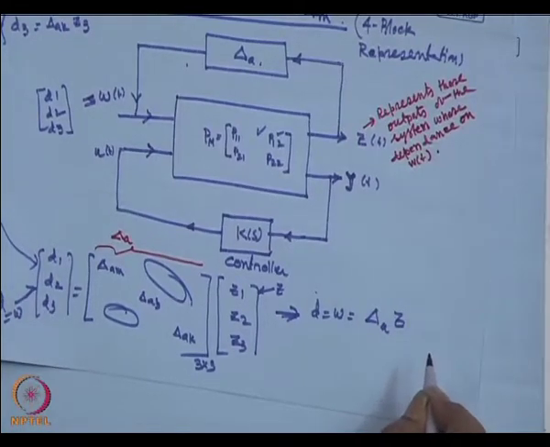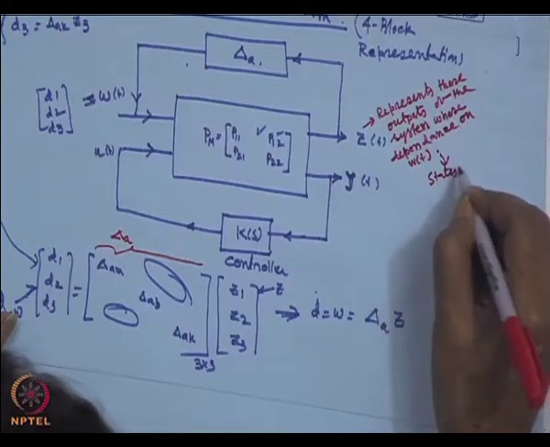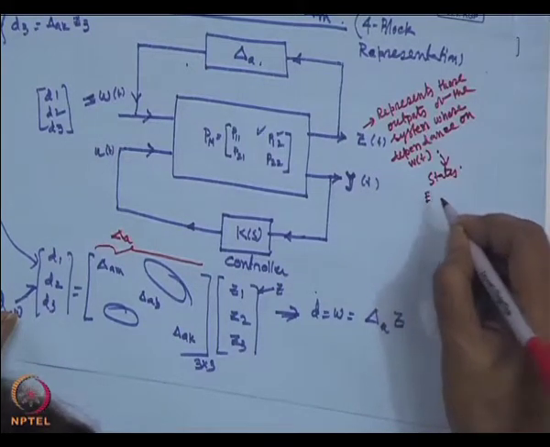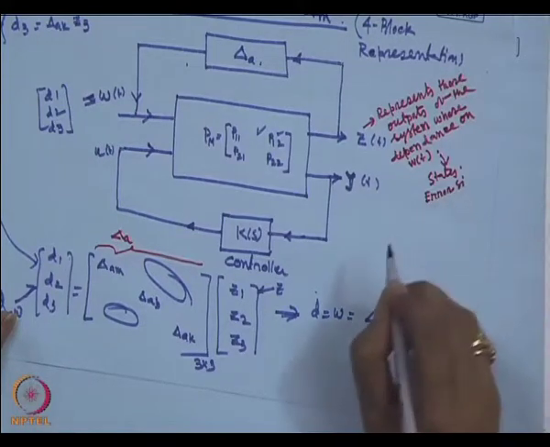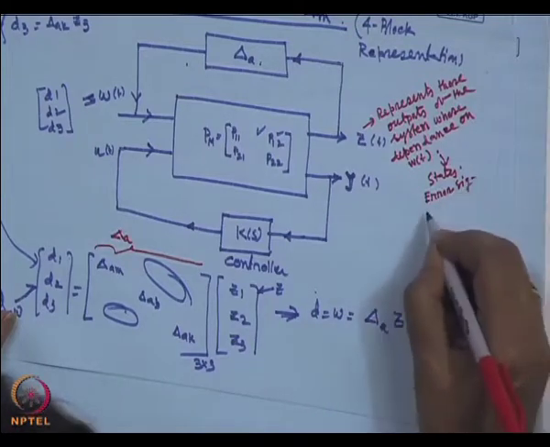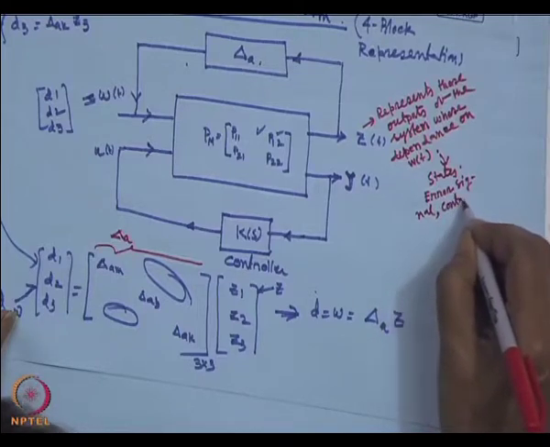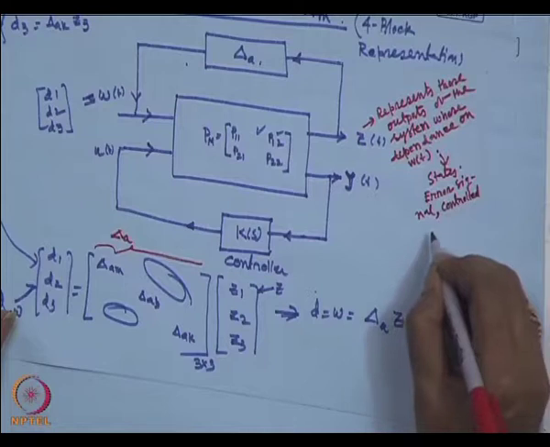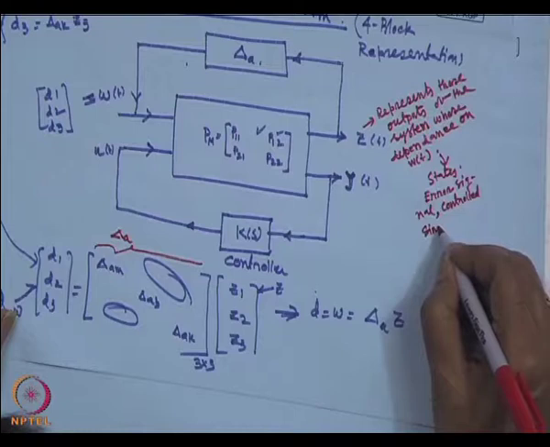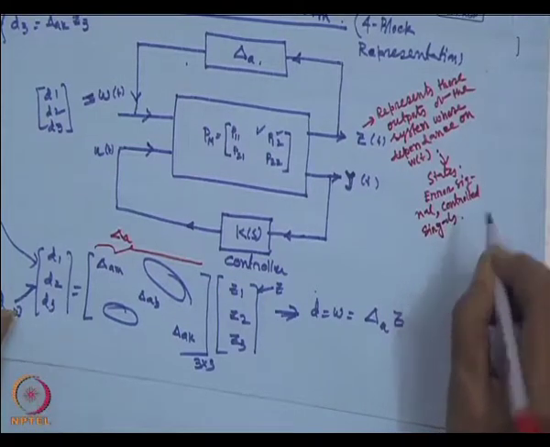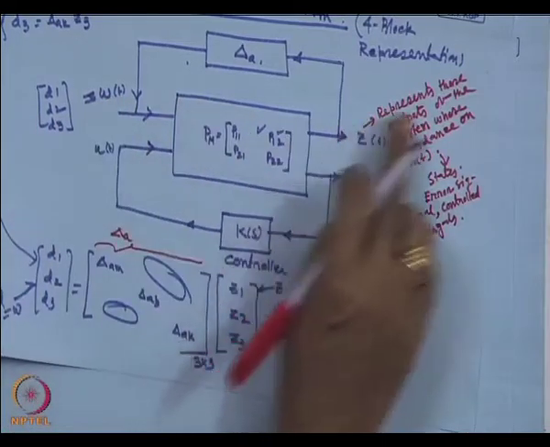For example, states, error signal, and controlled signal. Mind it, it is not the control signal, the signal which we are going to use for control. These are dependent on W, the effect of W on Z, we will consider this.